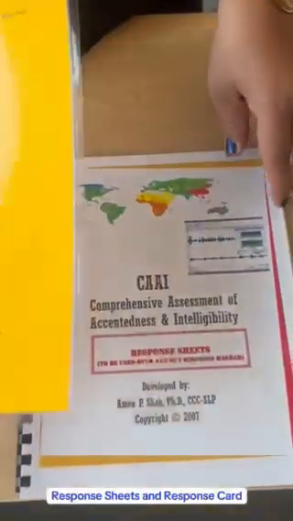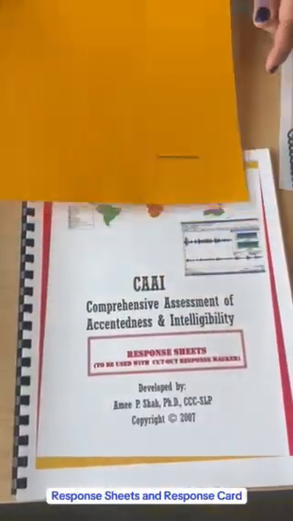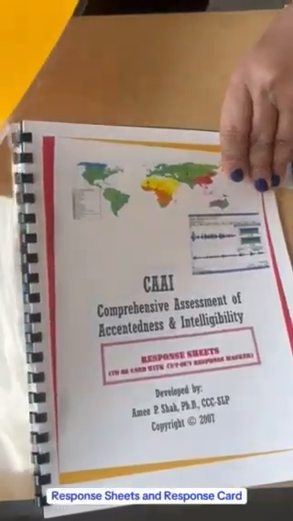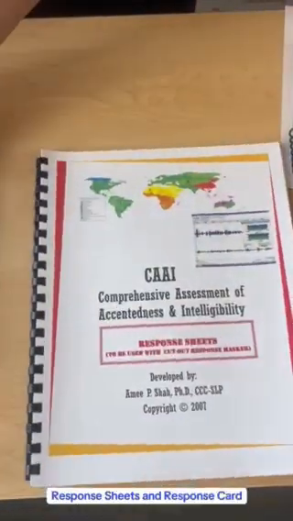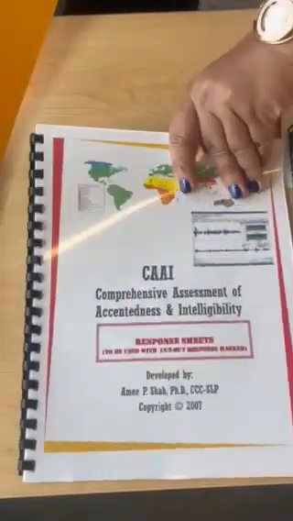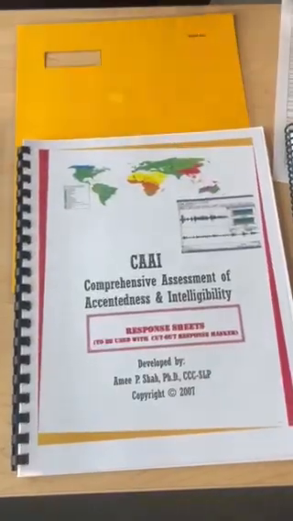Also, another thing I like to remind people is that you don't have to do every section, and you don't have to do every section in that order. So there is a chart in the test manual that will show you what sections are available, and you can pick those ahead of time.